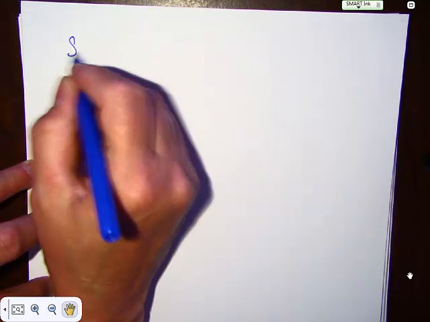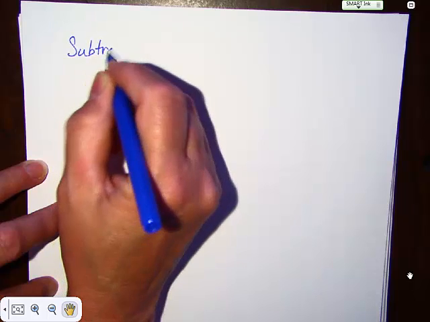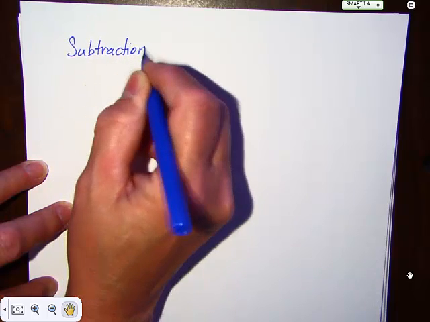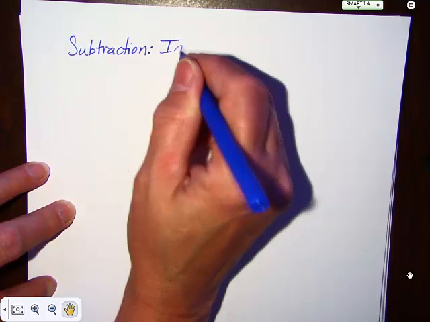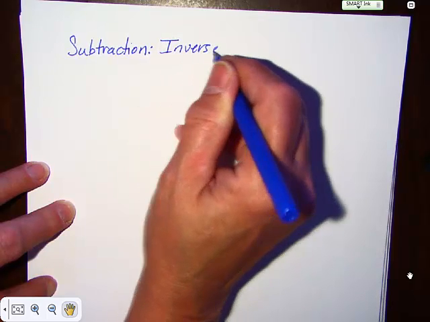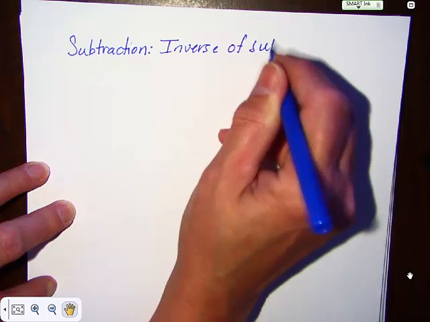Now, looking at a couple more operations with this, we have operations with missing values in subtraction. So let's look at subtraction. Okay, now we need to find the inverse of subtraction.